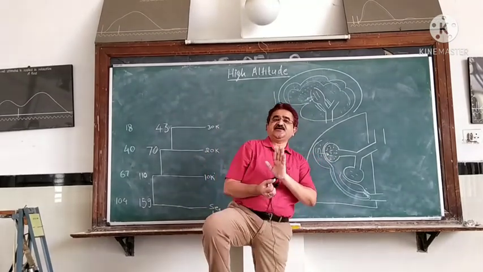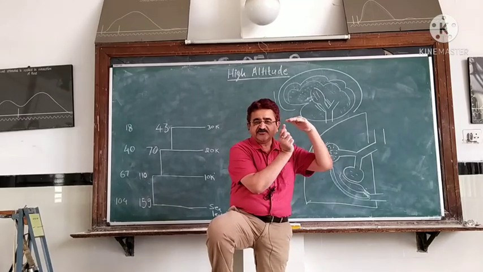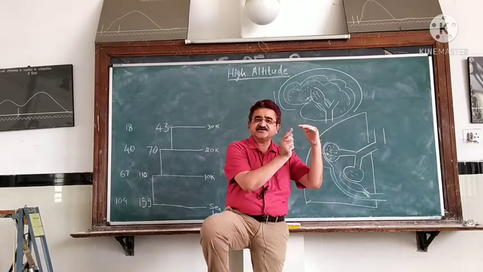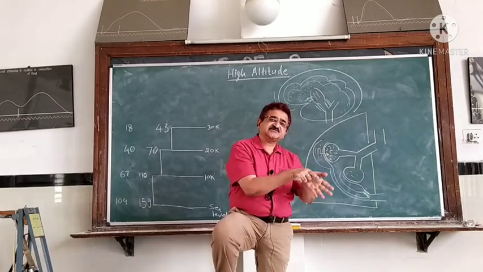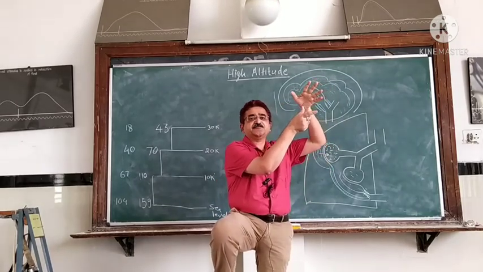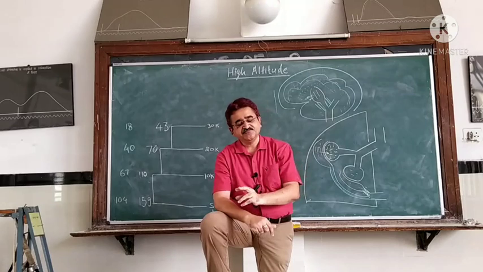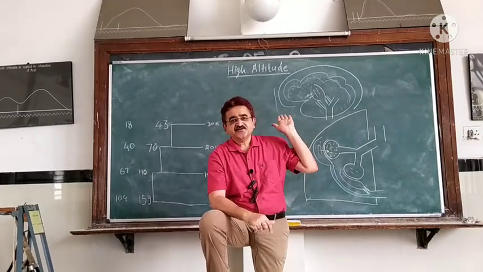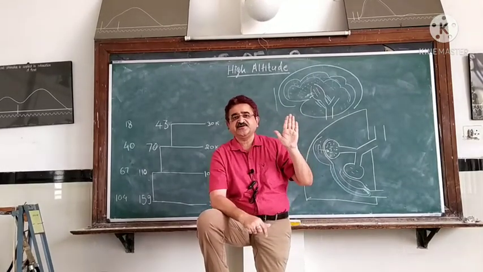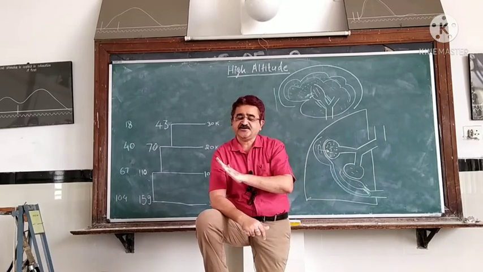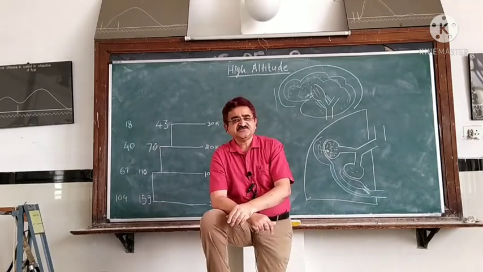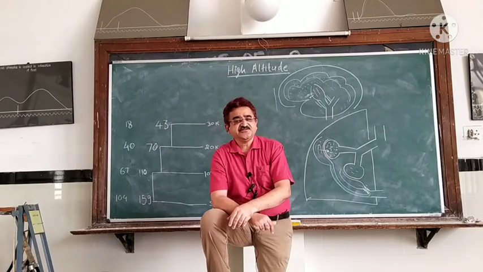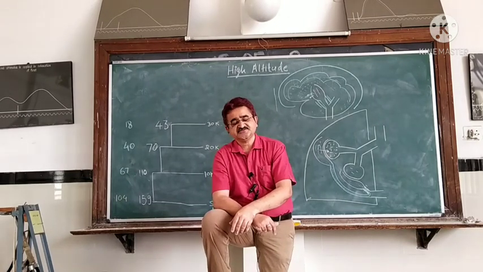The thing is that blood flow to the poorly ventilated alveolus is decreased, compromised, and the remaining blood is diverted to the properly ventilated alveoli. Because of that, those alveoli may develop edema. So these are the pathological changes that occur in acute mountain sickness.